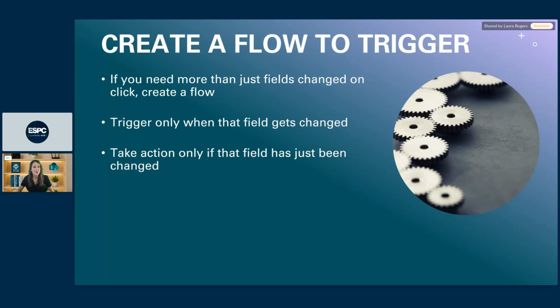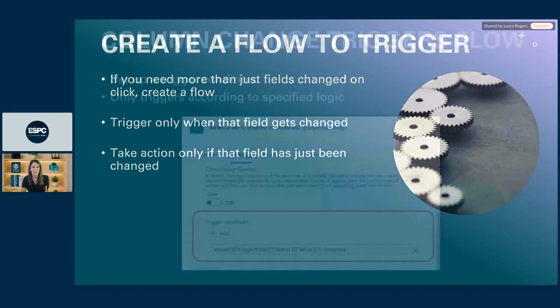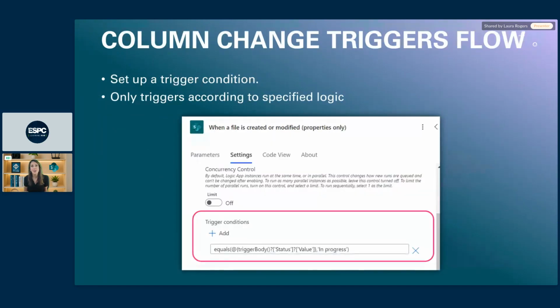So if you need more than just fields changed, you can create a flow and then trigger that flow only when the field gets changed. The key here is that you take action only if that is the field that has just been changed. The way we can do this is by creating a trigger condition, so that when someone clicks that button, it sets a value, but your flow is only going to trigger on that specific value.